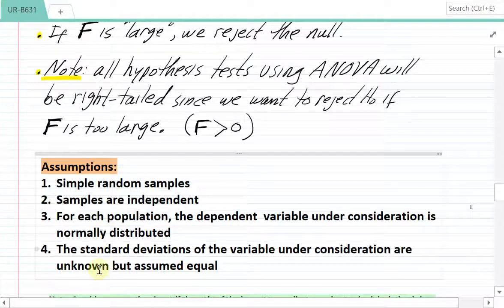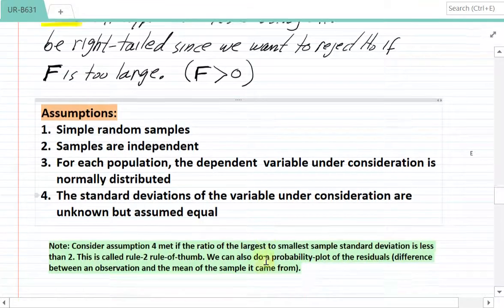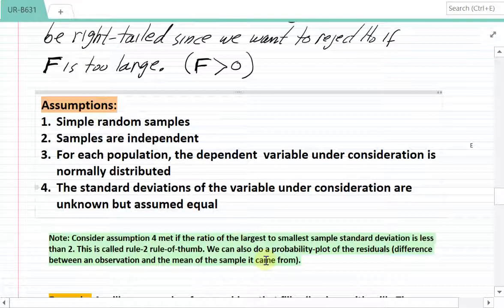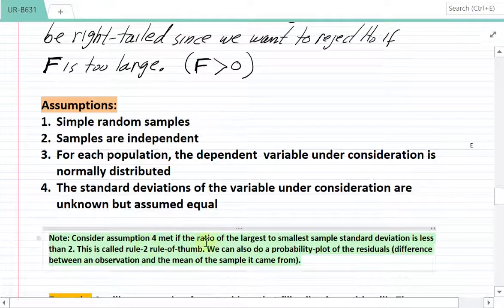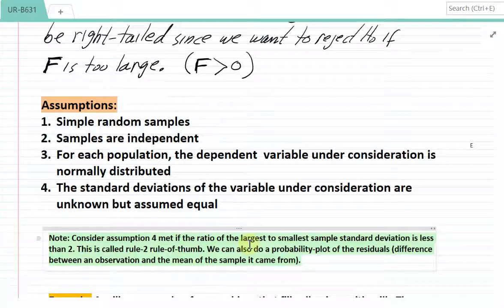And finally, how do I check that the standard deviations are equal? The easy way out, folks, is this. Let's say I'm comparing the means of five populations. When I take a sample, I'm going to have five sample means and five sample variances.